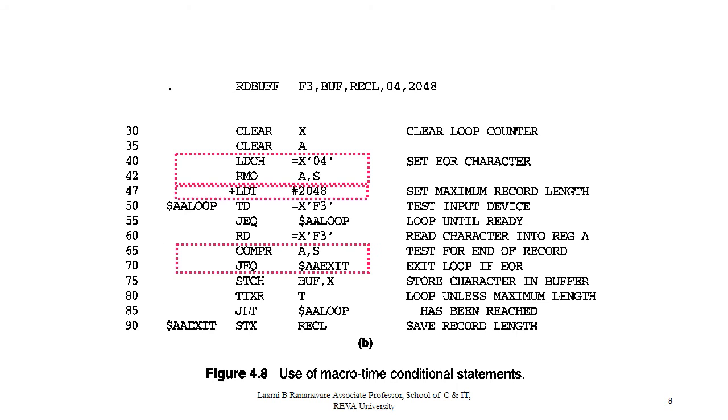Previously it was 0, now it is 1. Then 1 is compared with the contents of the T register, which in this call is 2048. If it is less, it jumps back to the loop, and you read the next character.